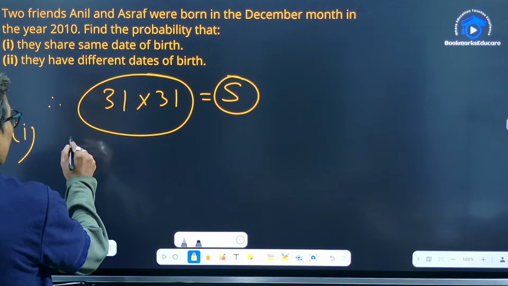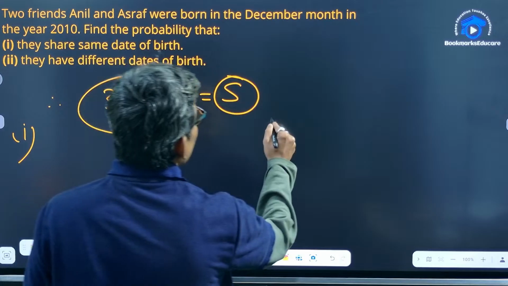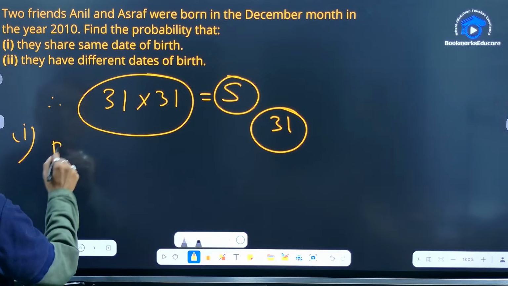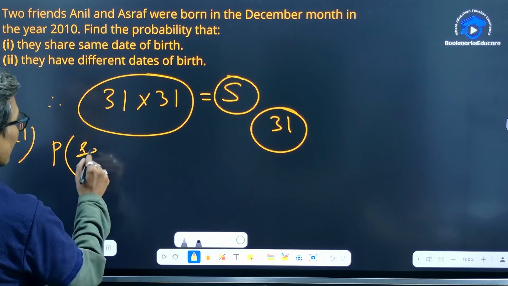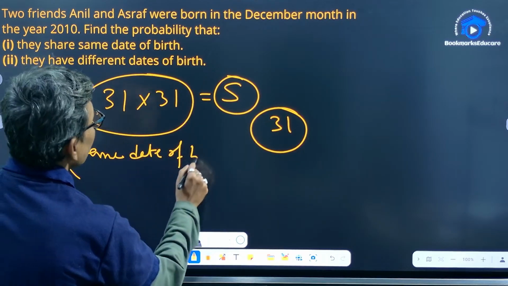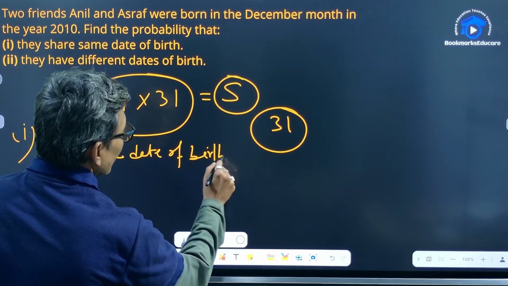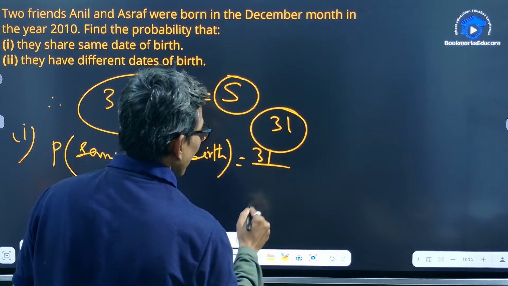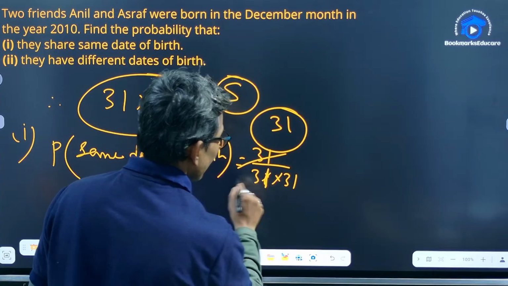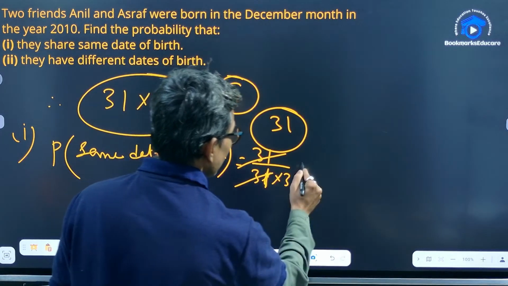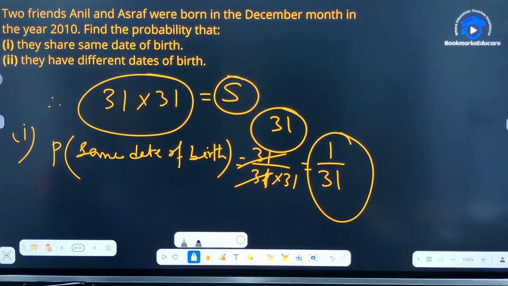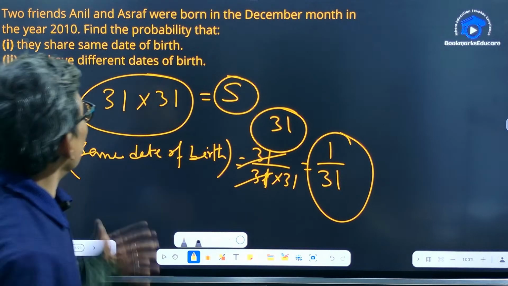So the favorable outcome is 31. So the probability of the same date of birth is favorable outcome 31 by total sample space 31 into 31. So 31 will be eliminated from numerator and denominator, and the answer is 1 by 31. So 1 by 31 is the probability that they share the same date of birth.